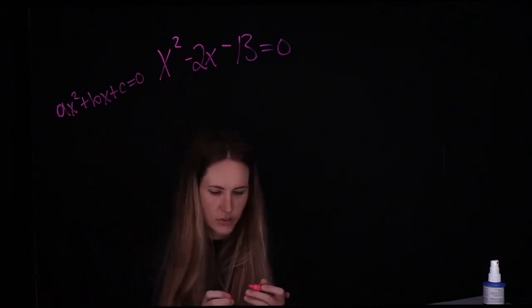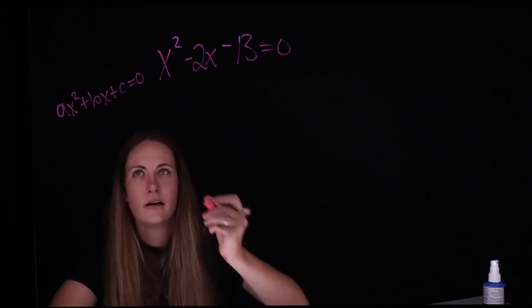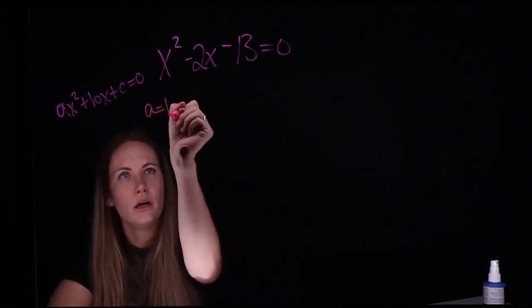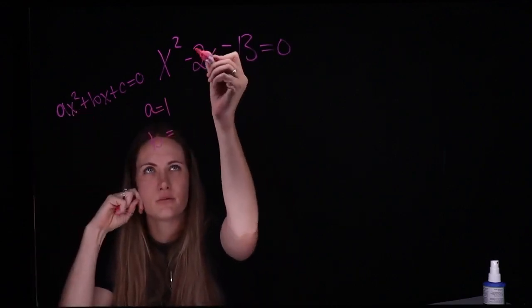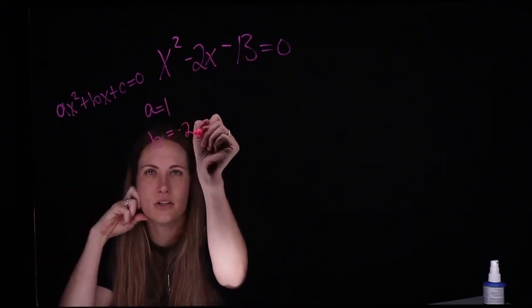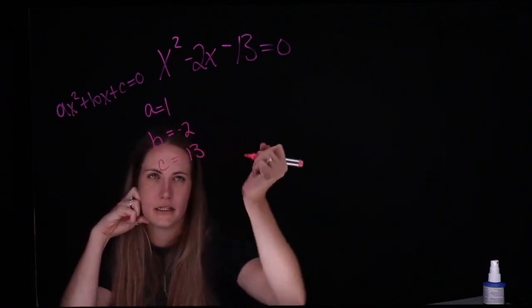So to be able to do our quadratic formula, we have to have our a, b, and c. So our a is 1, our b, over here it's positive bx since we have a subtract 2x, our b is negative 2, and our c is negative 13.